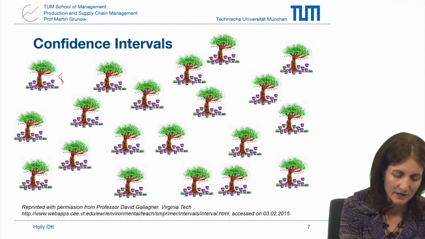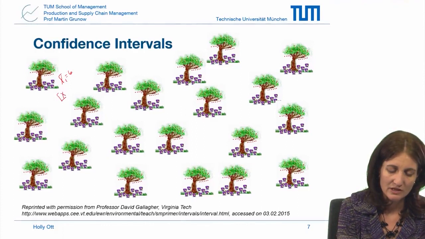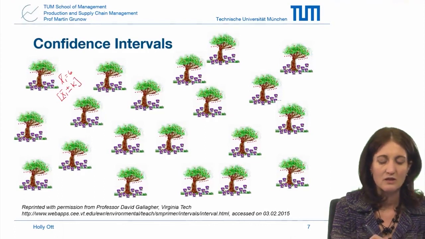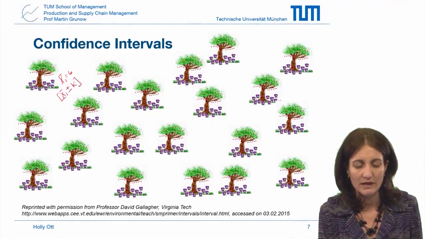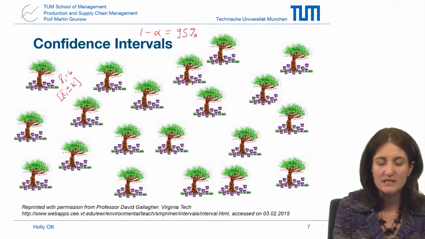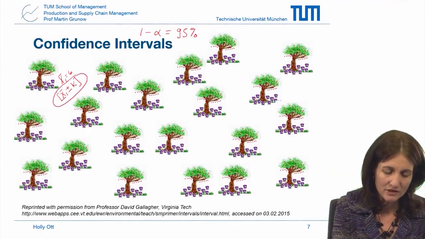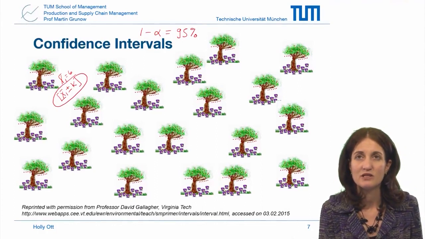We had tree number 1, x bar equals 6. What we want to do is to create a confidence interval such that from our x bar plus or minus a given constant k, we can be 95% confident, in this case 1 minus alpha equals 95%, that our true population mean lies within this interval.